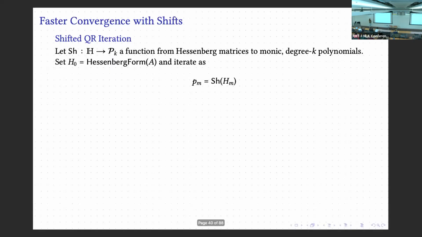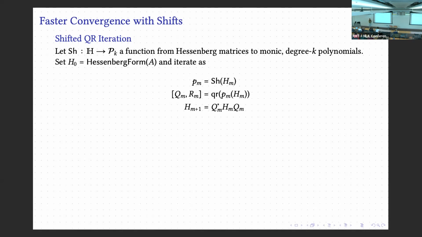And then you do the following iteration. You take the matrix to Hessenberg form. First, you compute this polynomial from some iterate. Then you compute the QR decomposition of the polynomial applied to your current iterate. And then you use the Q that you found and apply that to your current iterate to get the next one.